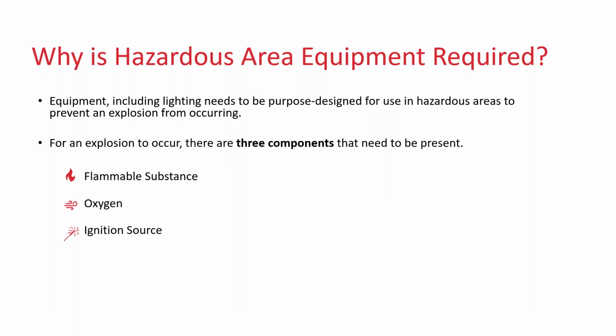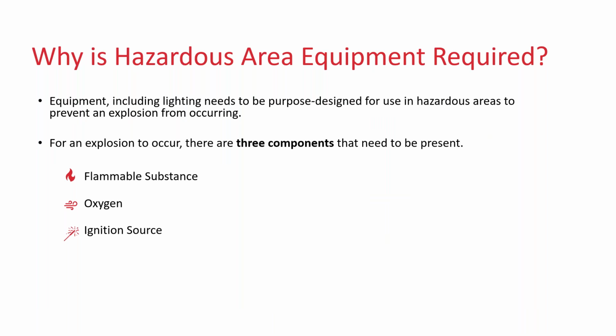So looking at the flammable substance, this needs to be present in a relatively high quantity to produce an explosive mixture such as gas, vapors, mists, or dusts. Oxygen is required in high quantities and in combination with the flammable substance to produce an explosive atmosphere. Oxygen exists in the air we breathe at about 21%, and this is a suitable quantity to produce an explosive atmosphere.